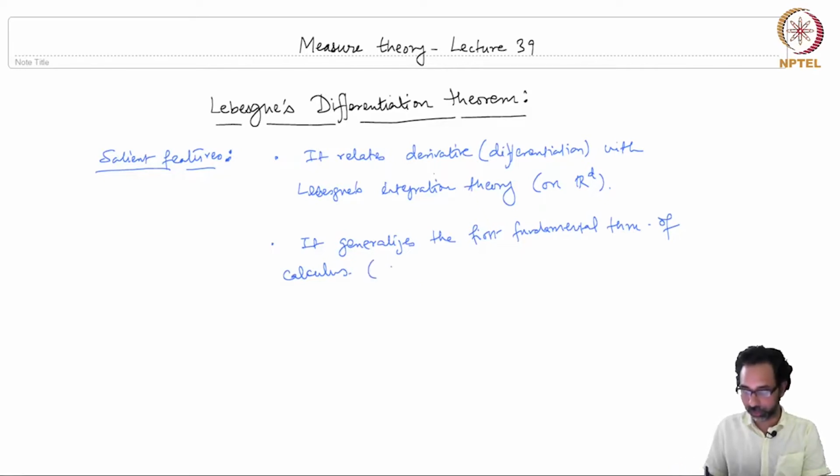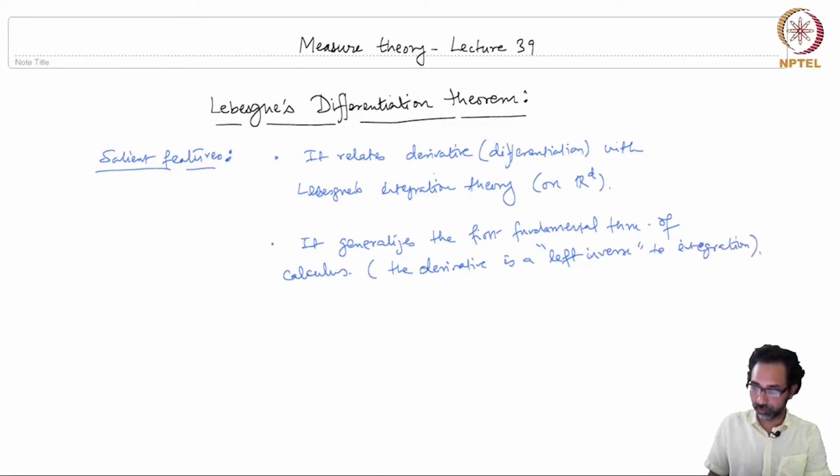So roughly, that the derivative is a left inverse to integration. So we will make these things precise.